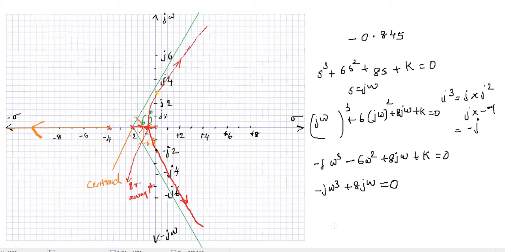So when you equate the imaginary part to 0, we will get minus j omega cube is equal to minus 8 j omega. J and j cancel out, minus sign also cancel out, then we will get omega square is equal to 8 and omega is equal to plus or minus root 8, that is plus or minus 2.8.